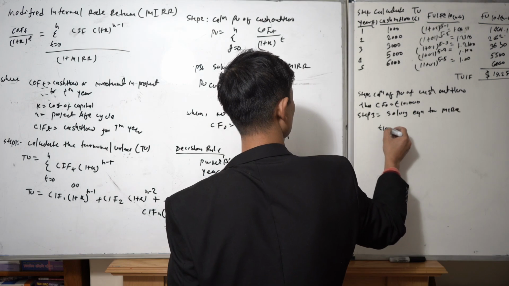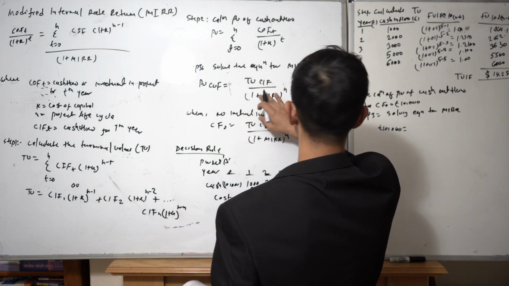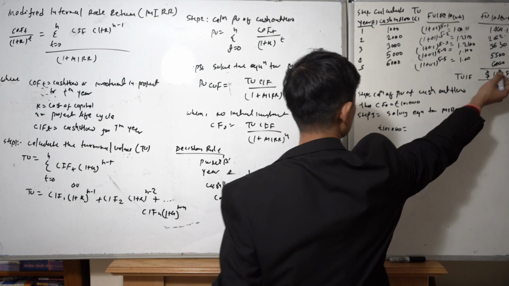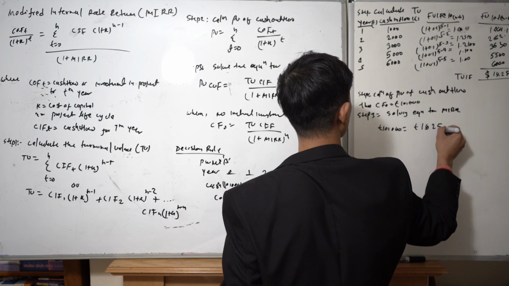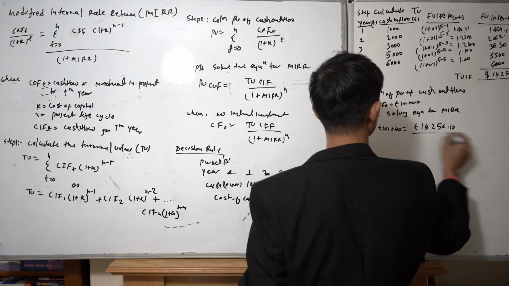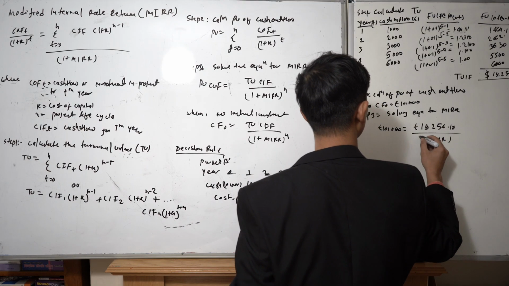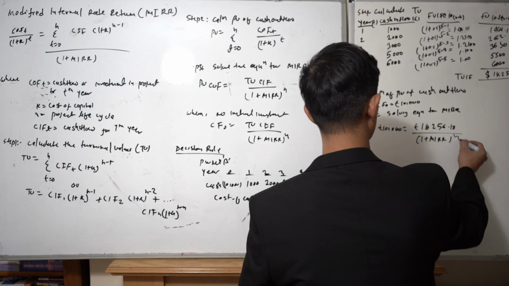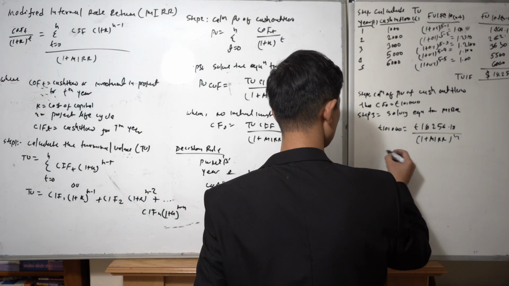10,000 is equal to the terminal value of cash inflows, 19256, divided by 1 plus MIRR power n. Let's solve this equation.